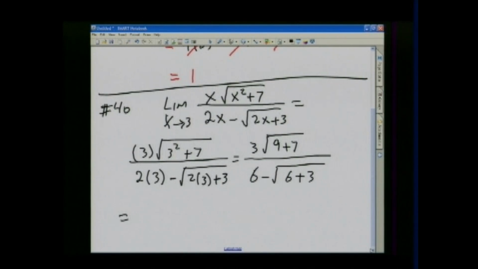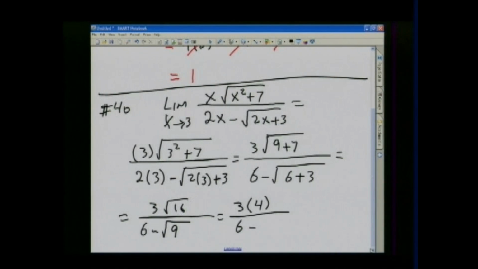Therefore, the numerator would be 3 square root of 16. Denominator would be 6 minus square root of 9. Therefore, 3 square root of 16 is 12, and 6 minus square root of 9 is 3.